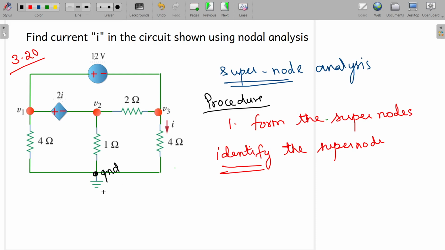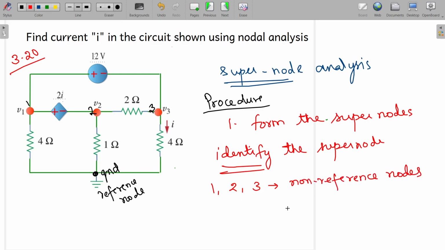This is called the reference node. Other than this reference node, we have three more nodes: node number 1, node number 2 and node number 3. These three nodes are called non-reference nodes.